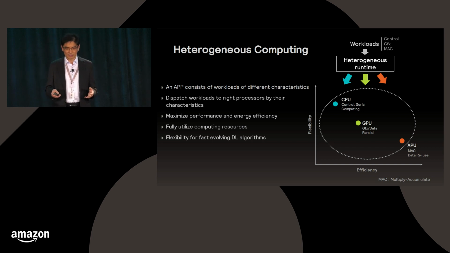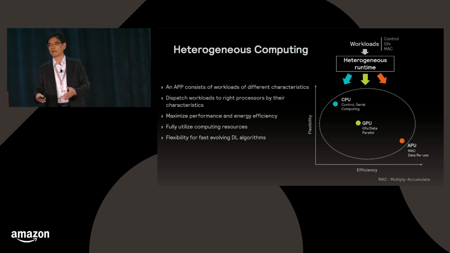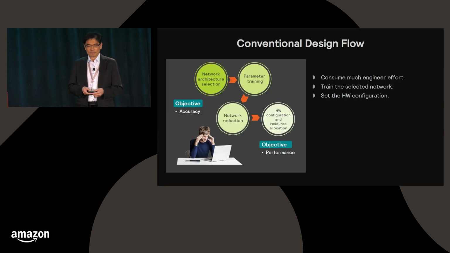And moreover, this kind of heterogeneous system provides good flexibility to support fast evolving neural networks, because when there are new operations coming up that are not supported by the APU, then we can have a general purpose CPU to support that, to enable it. Okay, that's about the hardware design and the system.